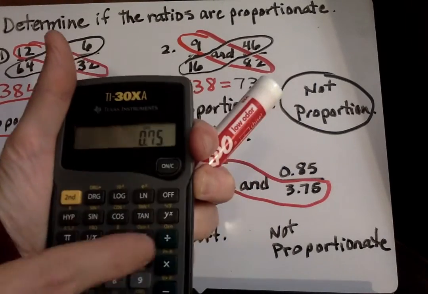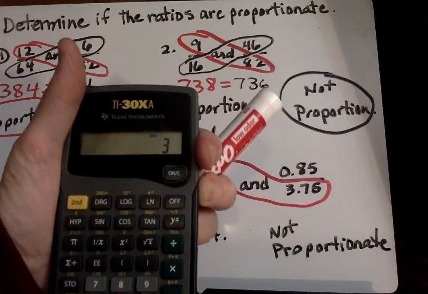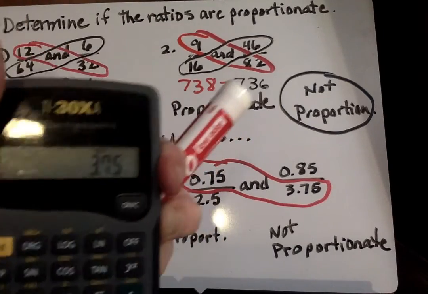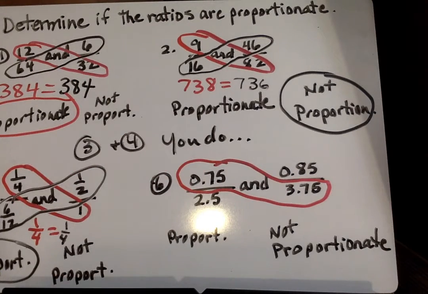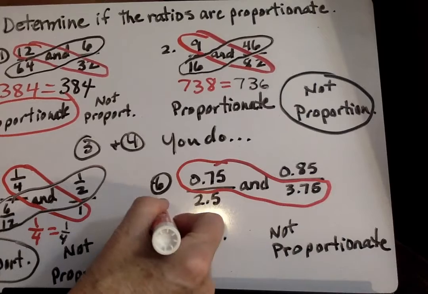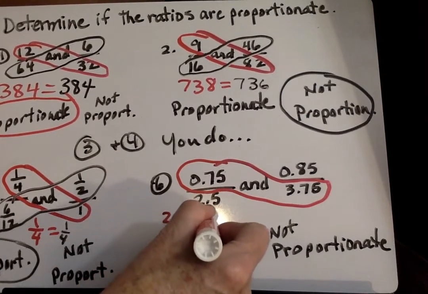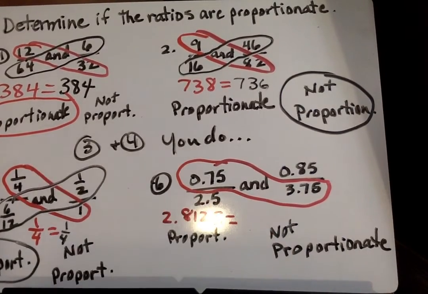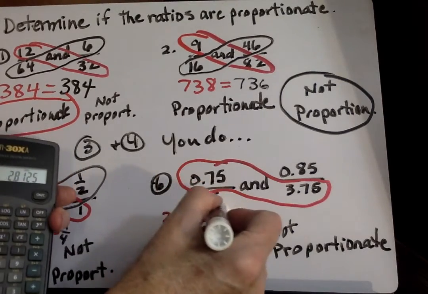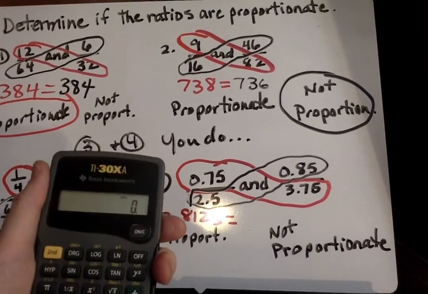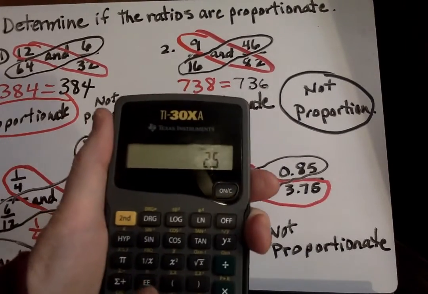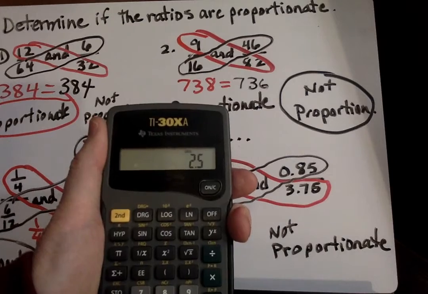So we go 0.75 times 3.75. Okay. 2.8125. Okay, there's nothing to be scared about. We just wrote out the numbers. Next, we say 2.5 times 0.85.